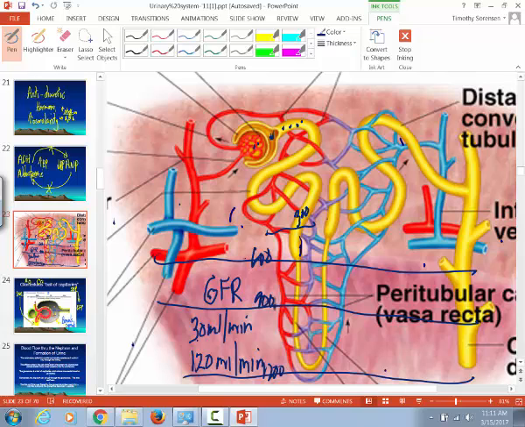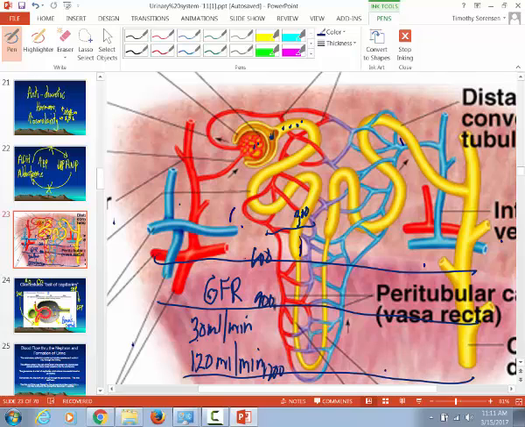In the descending limb of the loop of Henle, the only thing that can get reabsorbed is water. And where does water always move?